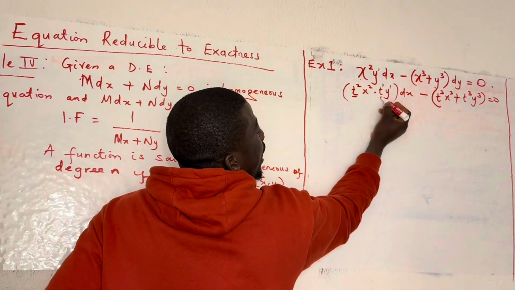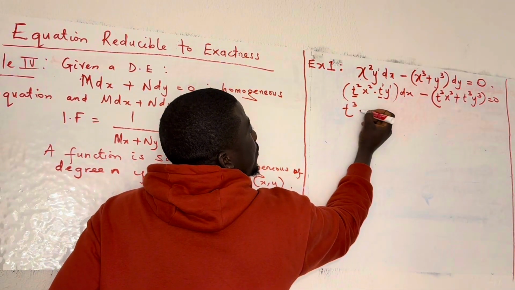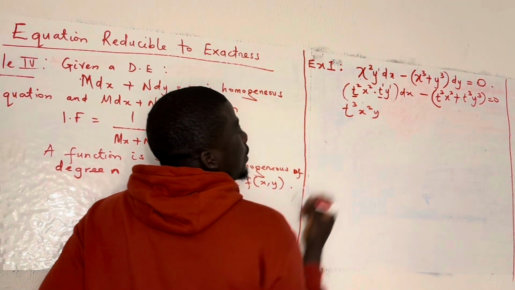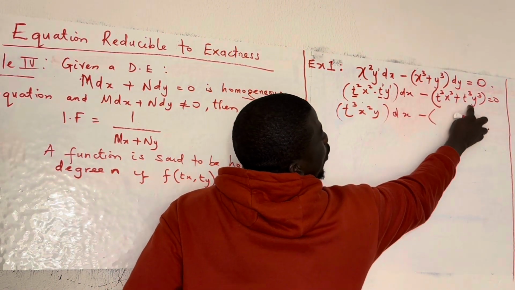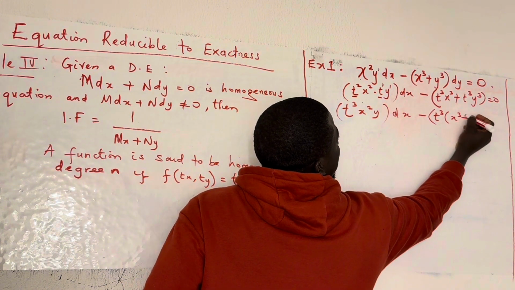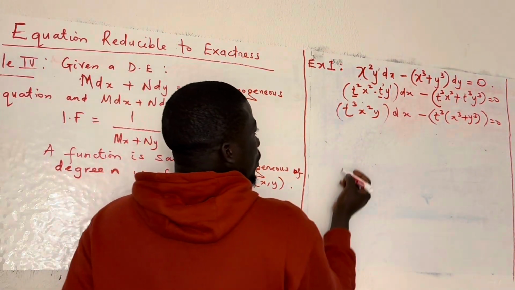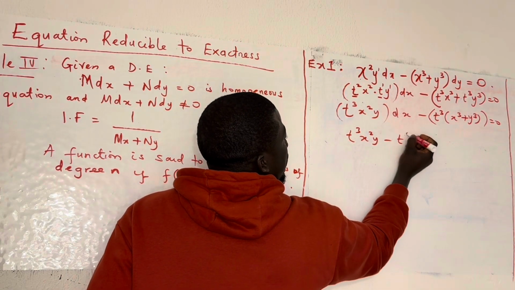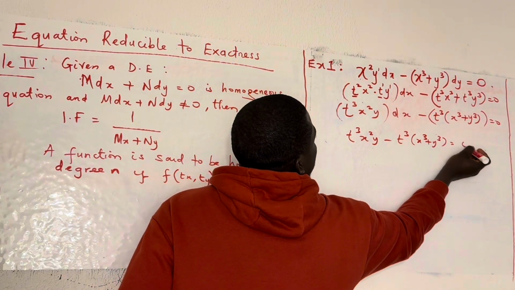If you look at this, t squared and t, from the law of indices, our t will be raised to power 3 x squared y, all the dx, minus t cubed is common to both, so we take it out. Then we have x cubed plus y cubed all equal to 0. So t cubed x squared y minus t cubed (x cubed plus y cubed) is equal to 0.